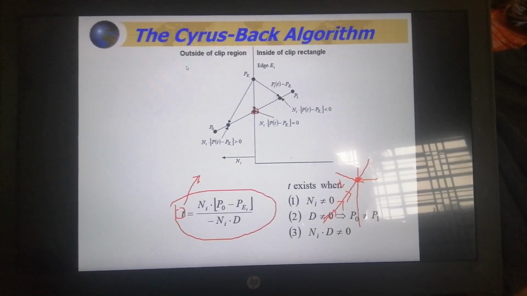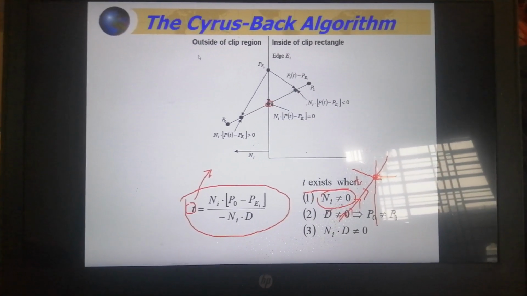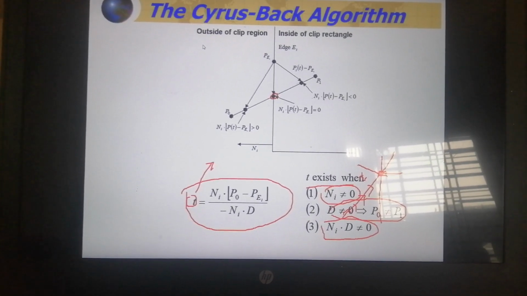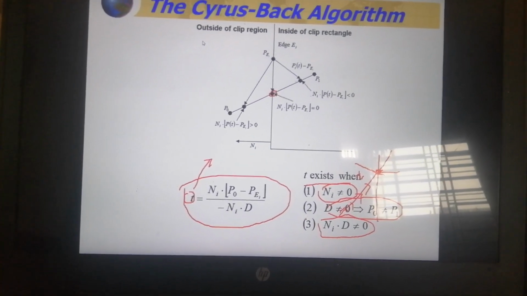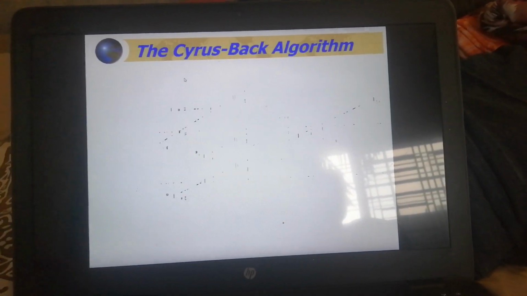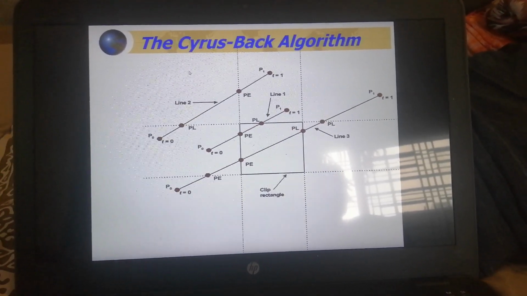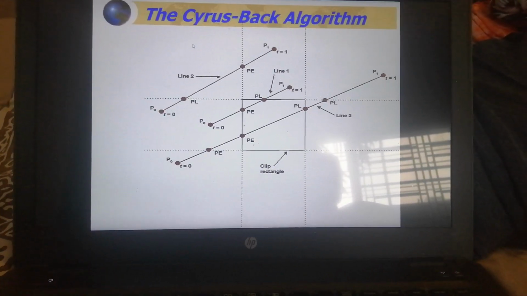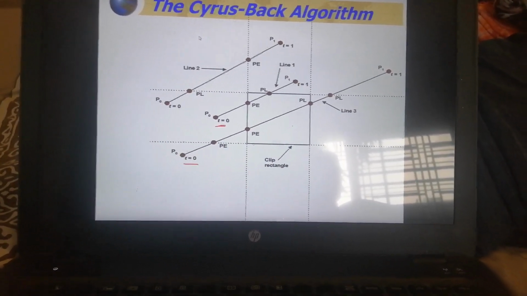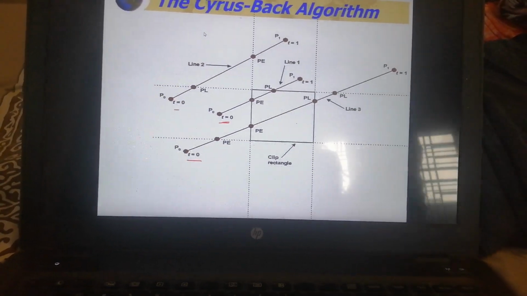So T exists when this one, and that one, and this one, these three constraints are satisfied. And if T exists, that means we are eventually headed to the four bounds. You can see we start from T0 every time. We start from T0, and how are we going to reach over here?